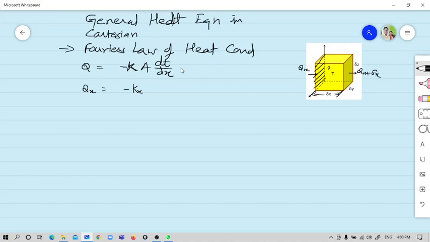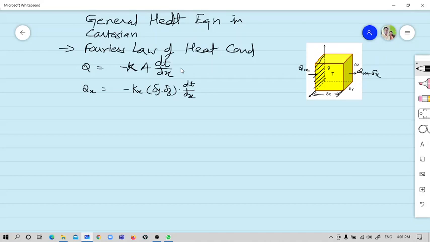So obviously this is delta y into delta z. So the area will be delta y into delta z, into the temperature drop along this direction, which is dT by dx. So I am writing it as dT by dx. So this is the heat transfer rate along the direction of x at this face.